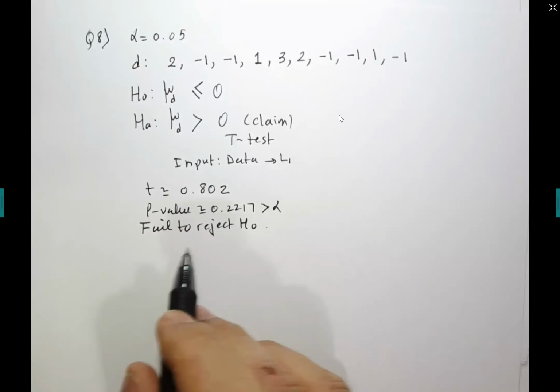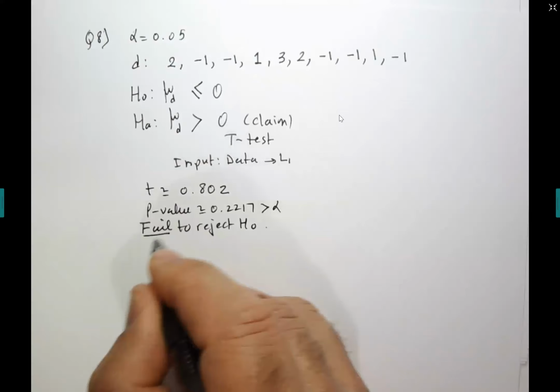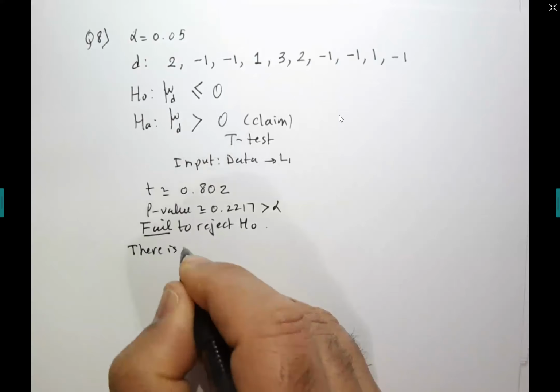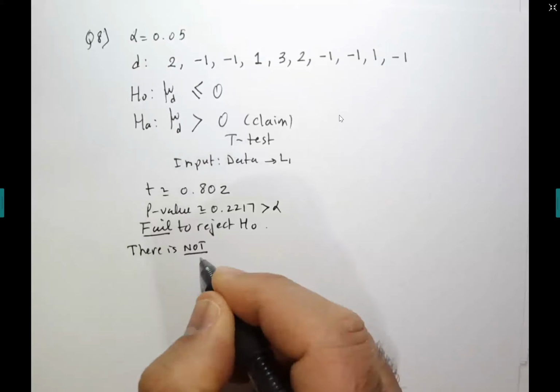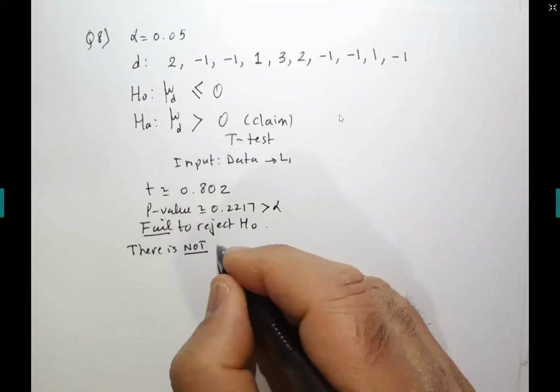Every time you have the word fail, you have to start with there is not. Don't forget that. When you do your test online, you select not enough evidence.